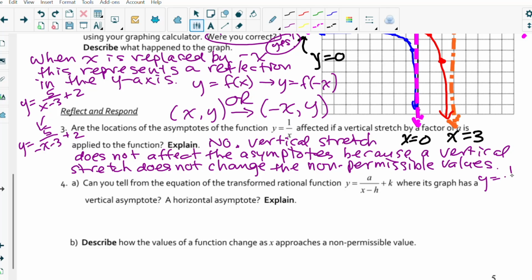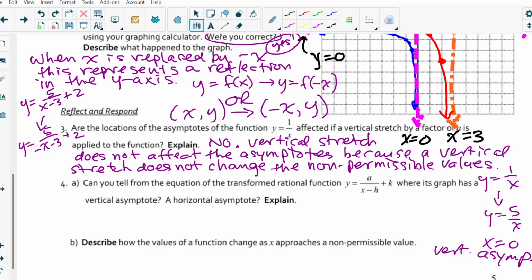Okay, so if I go from y equals 1 over x to y equals 5 over x, it's still x equals 0 as my vertical asymptote, right? So it doesn't change it. The only way to change the vertical asymptote is with a horizontal translation. You need to move it left or right.